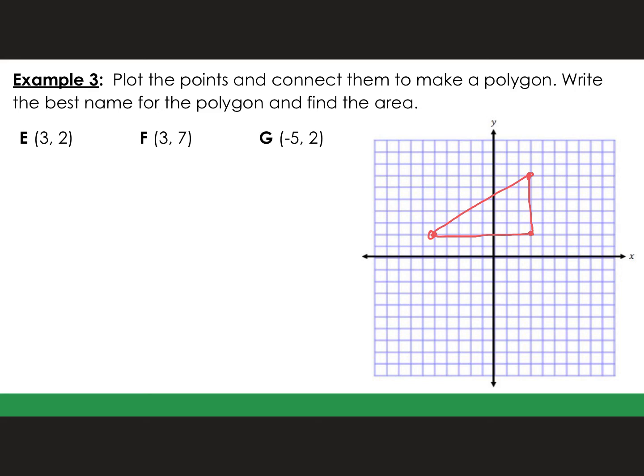And it has 3 sides, so it's definitely a triangle. And we need to write the formula, so we go back to our ISN, or we remember it. 1/2 base times height for a triangle. So I need to find the base and I need to find the height.